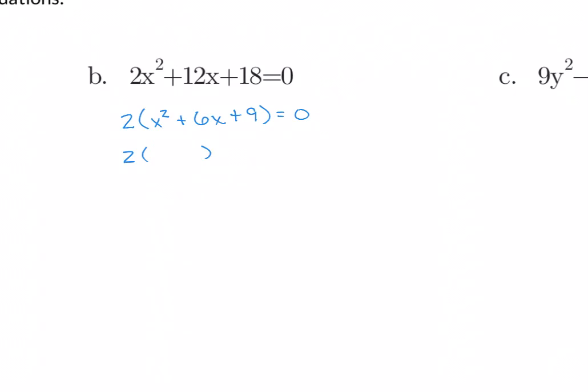I can factor this further. X squared is x and x. 9 is 3 and 3. We have same signs, and both are positive.